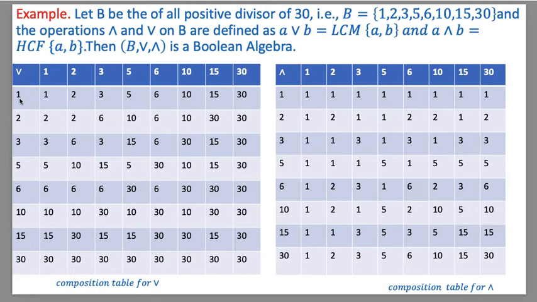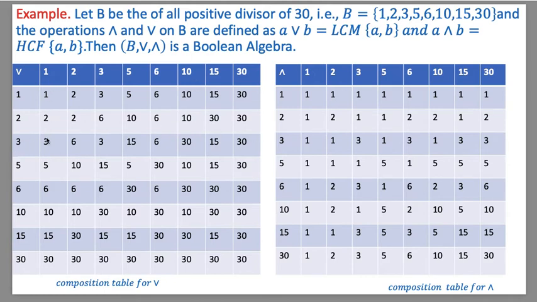Then we know that join means LCM of a, b. LCM of 1 and 1 is 1, LCM of 1 and 2 is 2, LCM of 1 and 3 is 3, and so on. Then LCM of 2 and 1 is 2, LCM of 2 and 2 is 2, LCM of 2 and 3 is 6, LCM of 2 and 5 is 10, LCM of 2 and 6 is 6, LCM of 2 and 10 is 10, and so on.